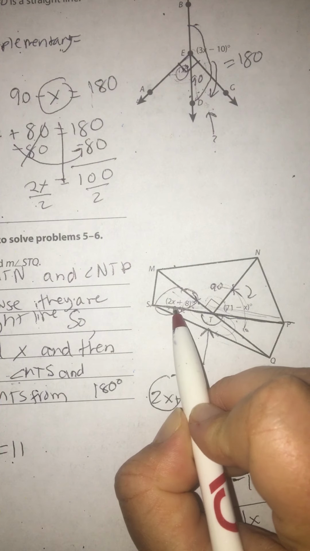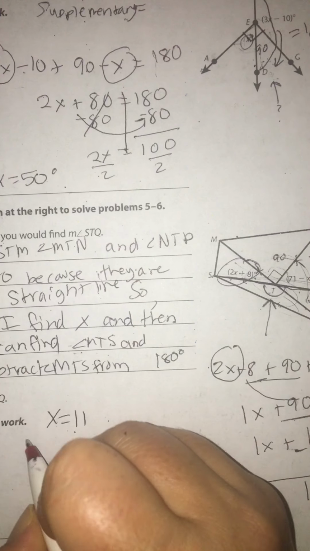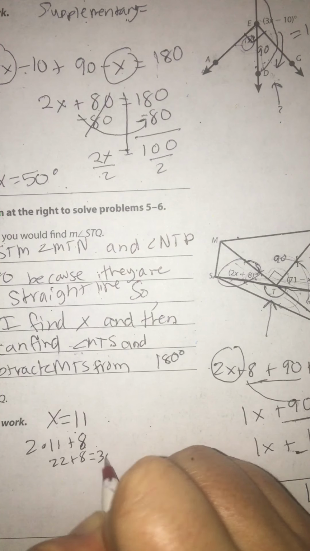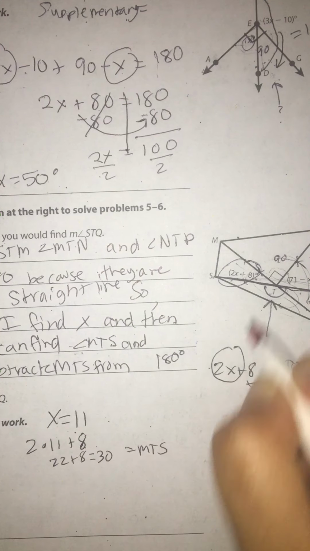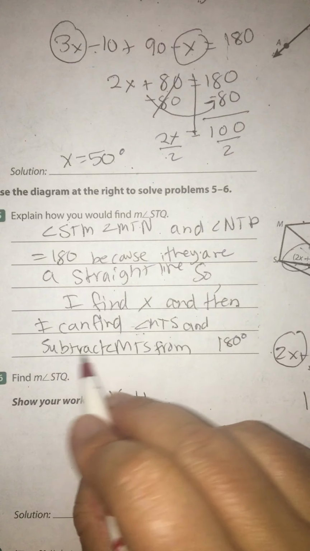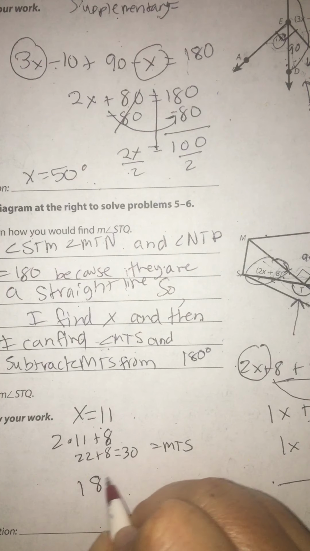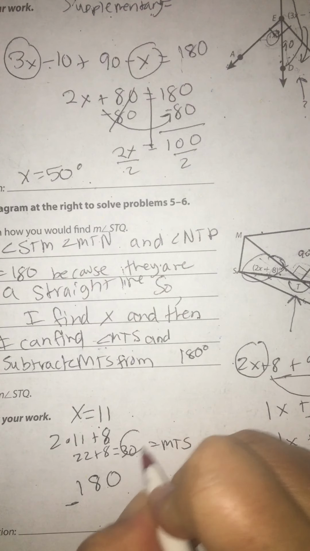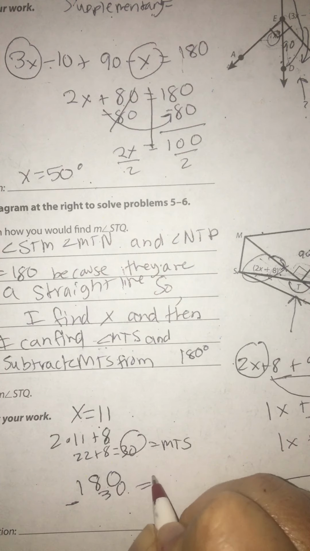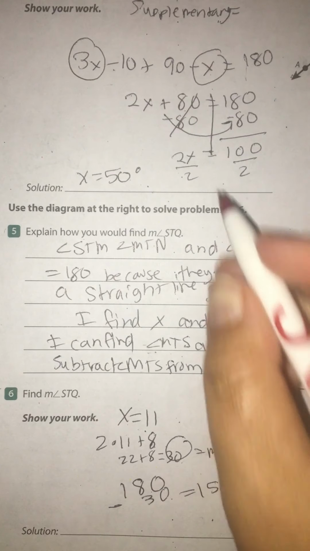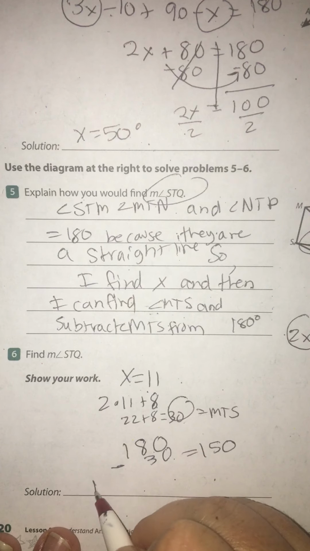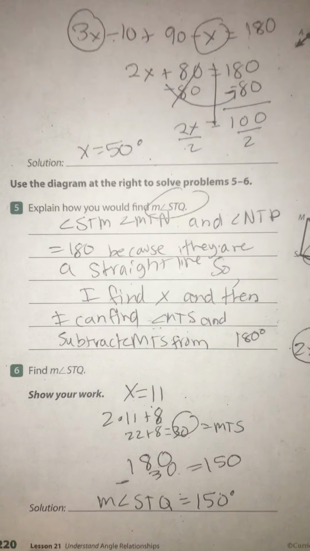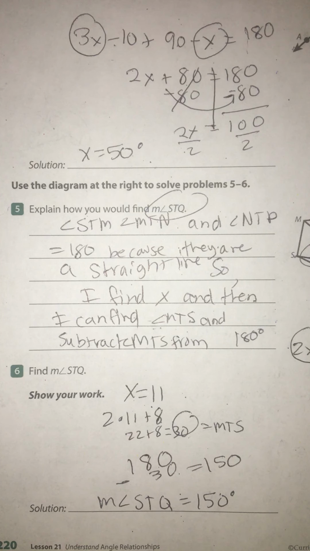Well, 2 times 11 plus 8. 22 plus 8 equals 30. That equals MTS. That's this part right here. And then I said I'm going to subtract that from 180. So 180 minus 30 equals 150. So the original angle that they wanted was STQ. So angle STQ equals 150. And that is going to be how you do 219 to 220.